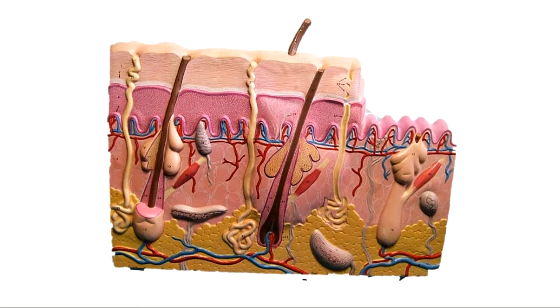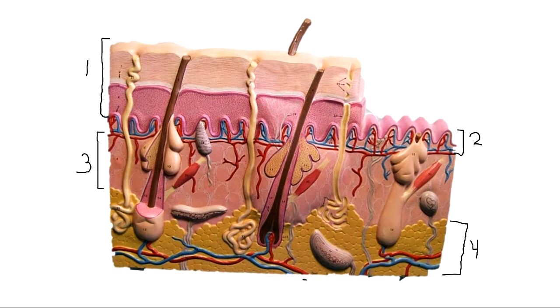So I'm going to put some brackets on here. First thing we're going to do when we look at our big skin model here is label our regions of the skin. So I'm going to put some numbers so that I can type instead of having to write everything in the right place.